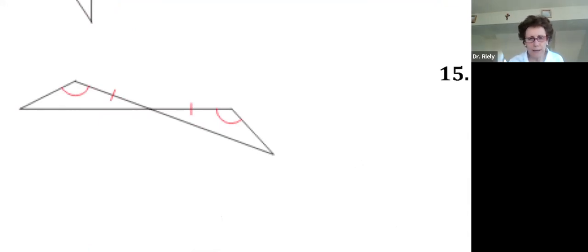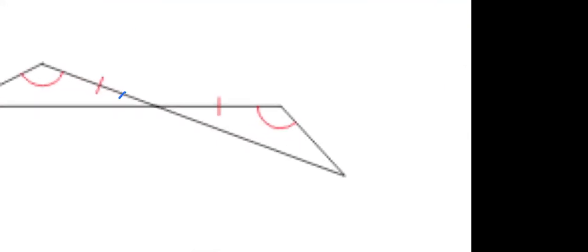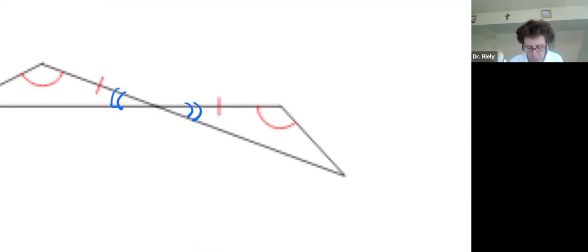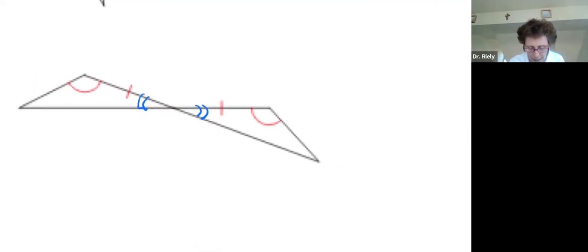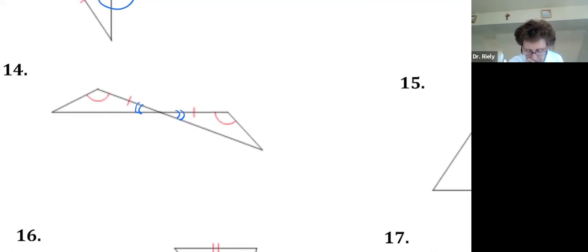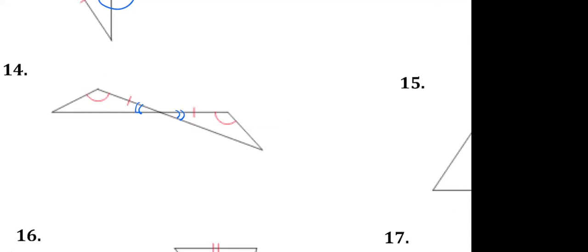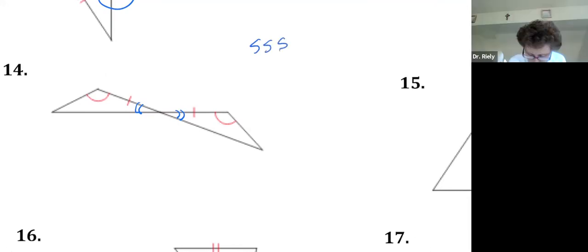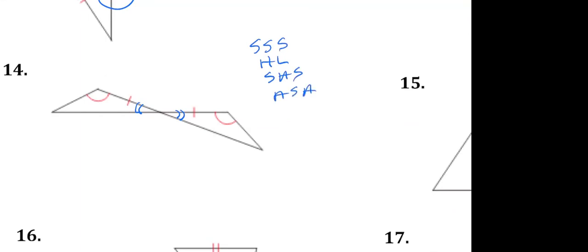Do you see where the vertical angles are? They're right here and here. Yeah, so you can mark those. If you mark those, can you then establish congruency? So what are you going to use? Here are your options.